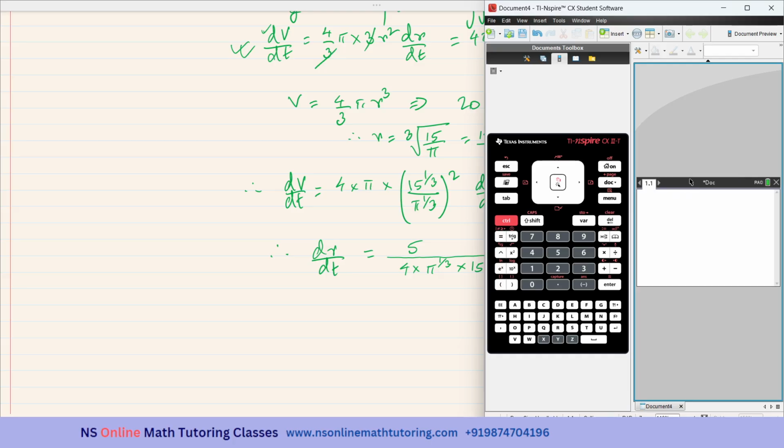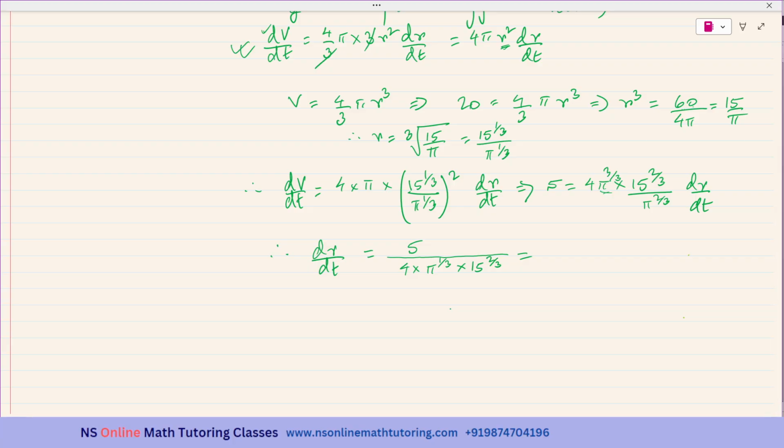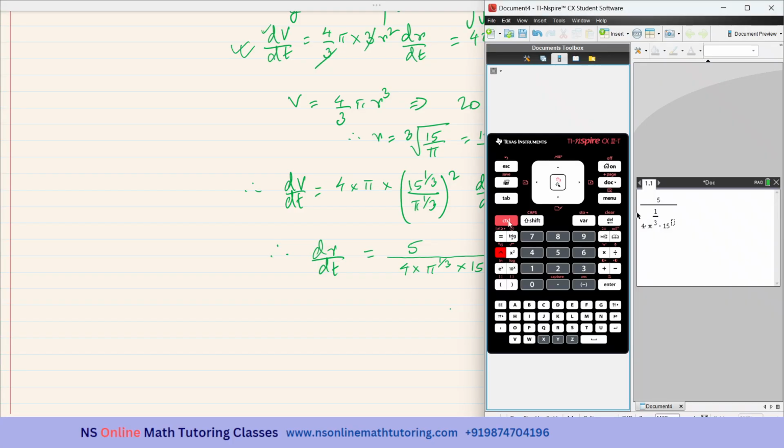Okay, calculator, and okay, 5 divided by 4 times pi raised to the power of 1 over 3, times 15 raised to the power of 2 over 3, right?